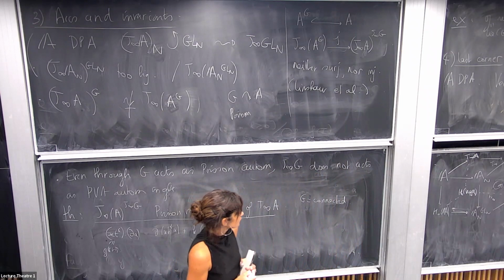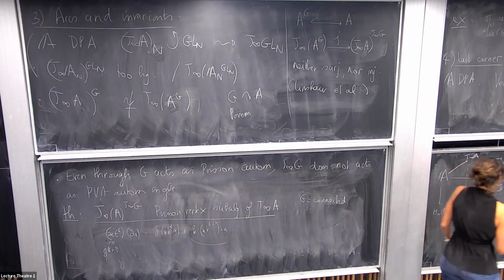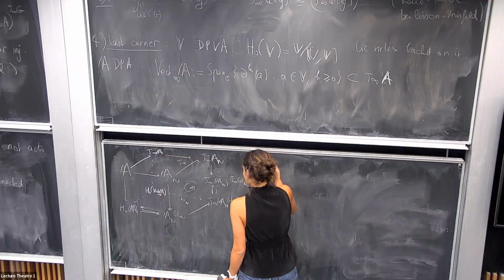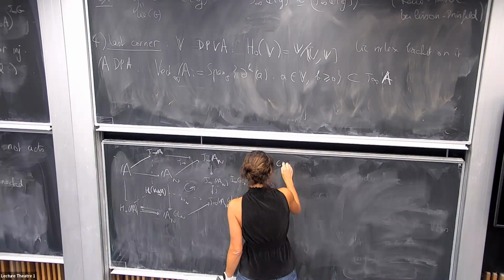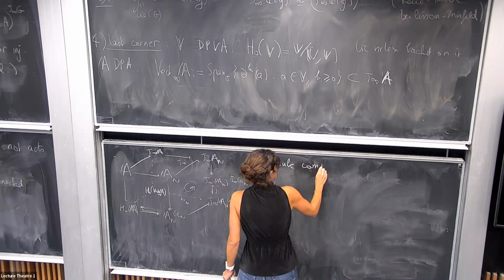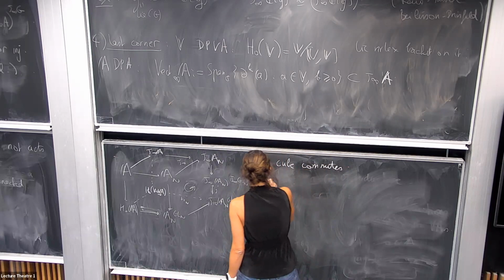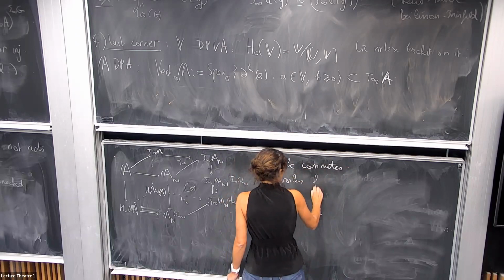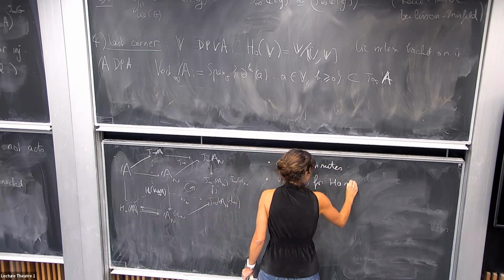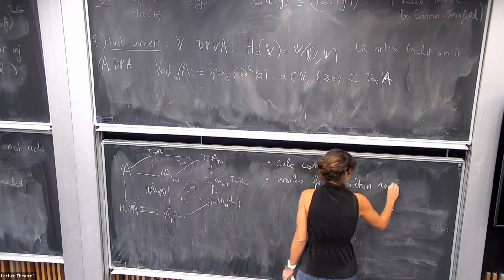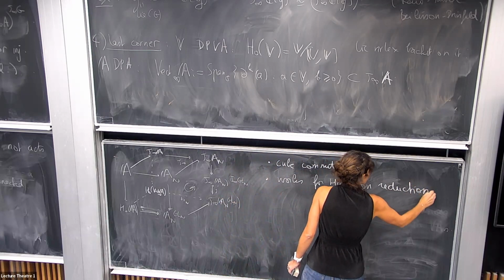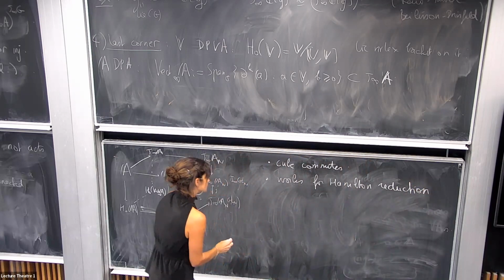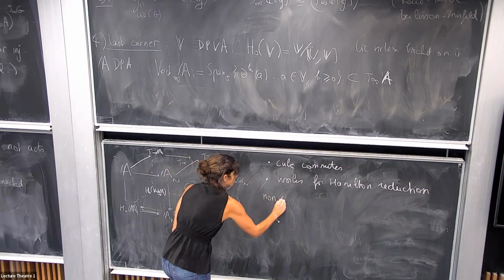This is the conclusion: the cube commutes. So everything works for Hamiltonian reduction. So maybe here I need to explain what a non-commutative moment map is.